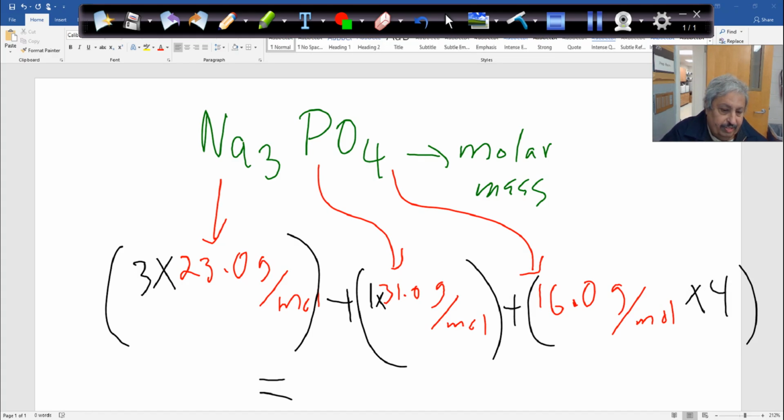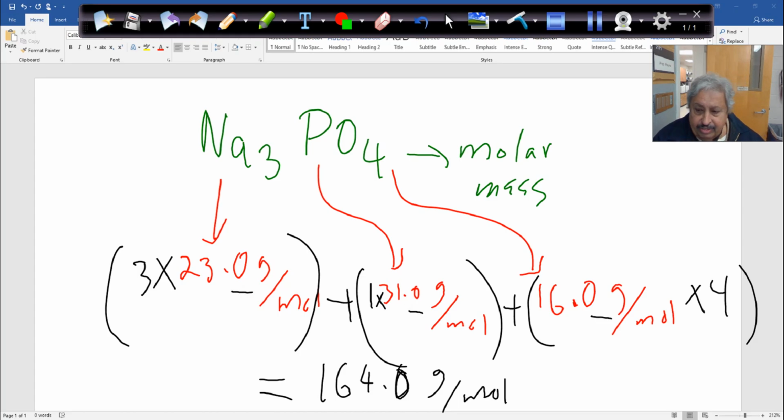So how much is it? 164? 164.0 gram per mole. When you add them, we have 1 digit after the decimal. It does not really matter for the multiplication, because we are adding. So we have 1 digit after the decimal.